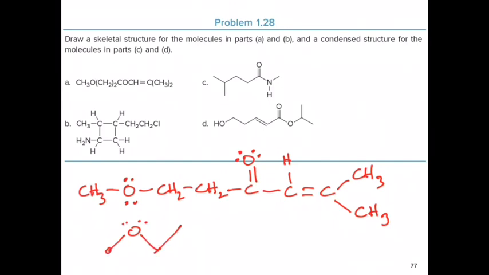Okay, so we have 1, 2, 3, 4. So again, we're just counting from here. So we have 1, 2, 3, 4th carbon, and then another carbon that's bonded to this carbon, and then this carbon is double bonded to another carbon with 2 CH3 groups.